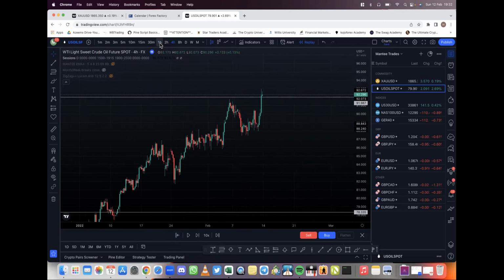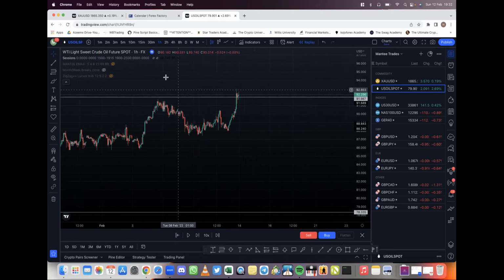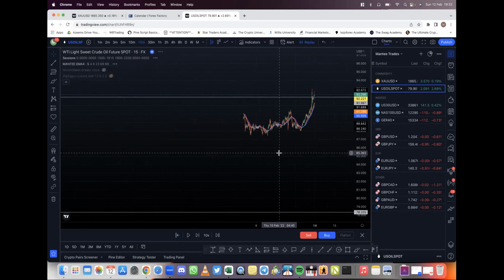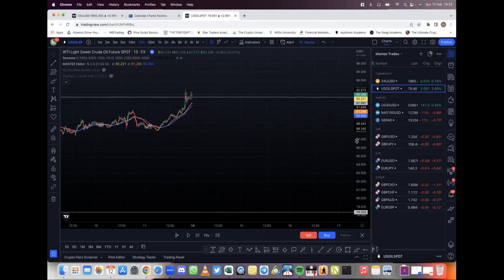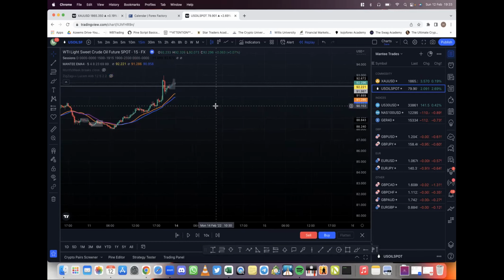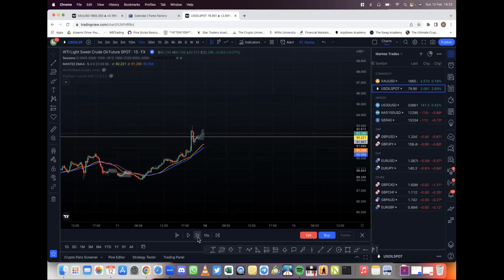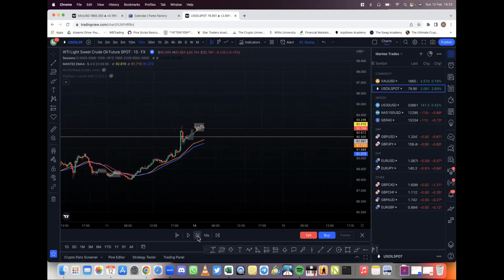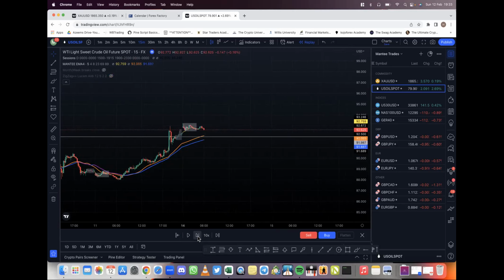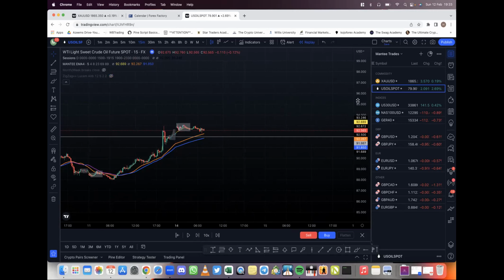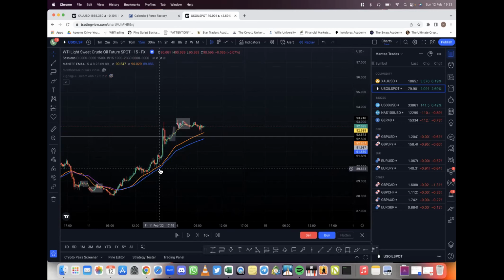Okay, so let's go back to the 1 hour, 15 minutes. This is the one we just traded. Took us to the top. There's another one we just traded. Friday, so 11th fade.